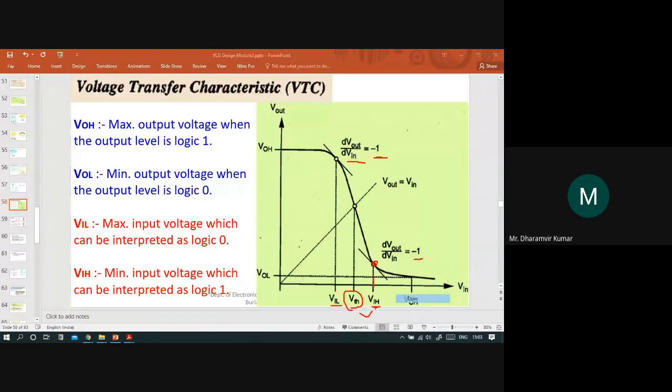So the slope decides the levels: for both VIL and VIH we should have a slope of -1. This is how the values for VIL and VIH are decided.